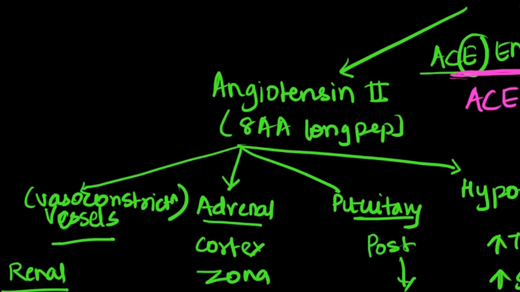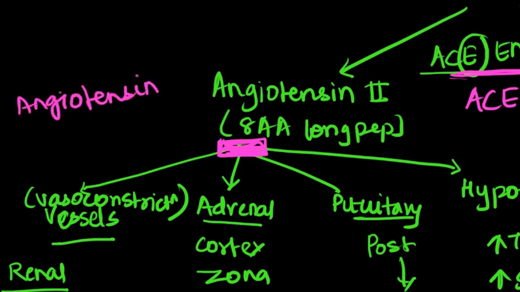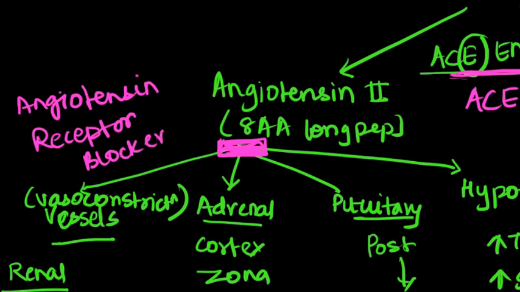The third part is the place where angiotensin 2 will act. These are the various organs which have angiotensin receptors. So the third drug is the angiotensin receptor blocker, not an angiotensin 2 blocker. Examples would be losartan, irbesartan, candesartan.